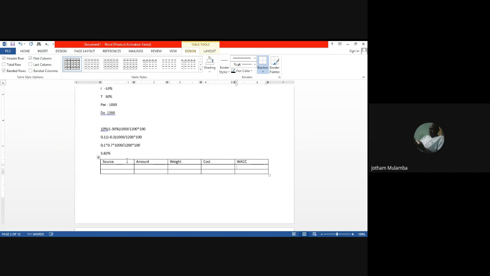So we start. The first source was equity. The second source was after equity. We retain earnings, then the preference shares.